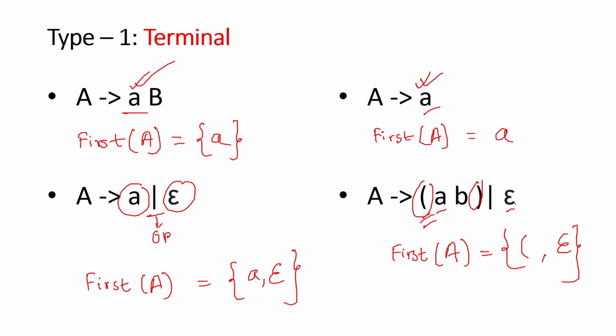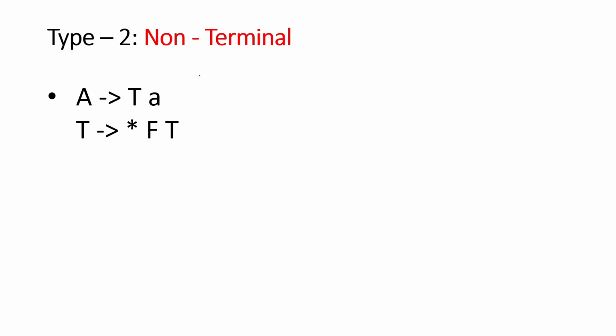Now let's see the second type, that is my first position is not a terminal, that is a non-terminal. We know that when we try to find the first position, the output must be a terminal, but here we can see it is a non-terminal. So how can we solve it? Let's see. We first take the first of A. What is the first of A?